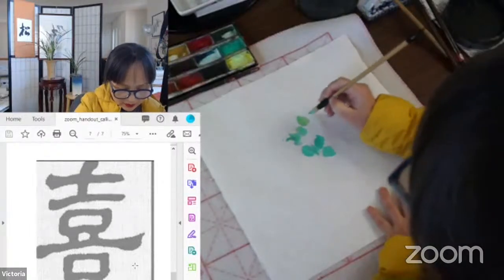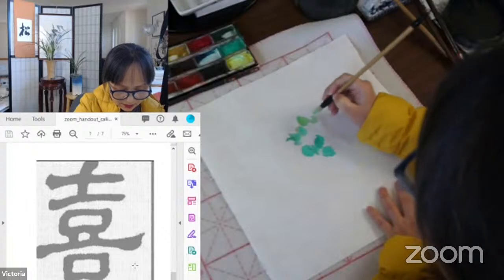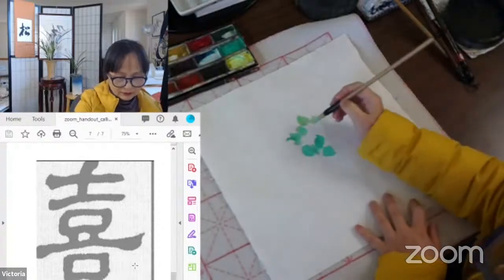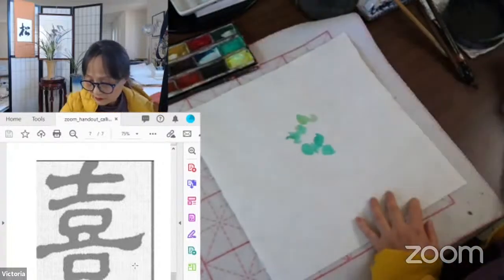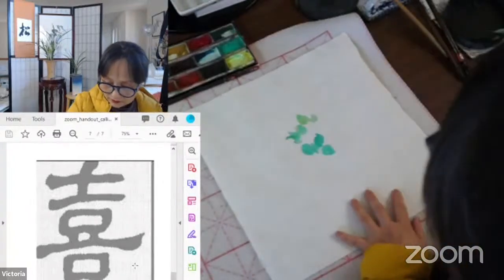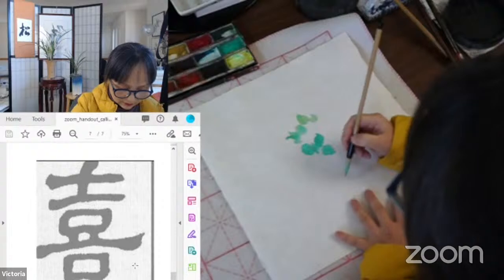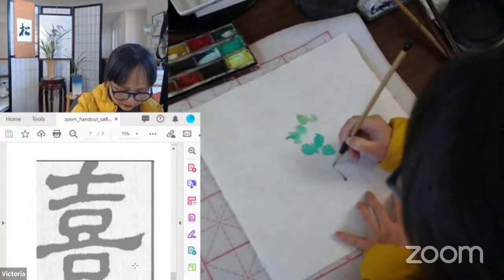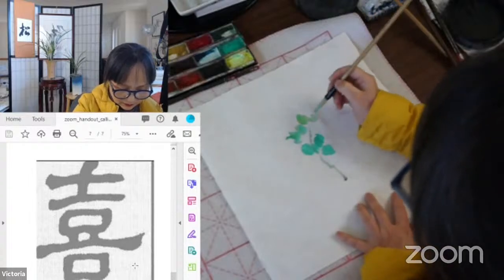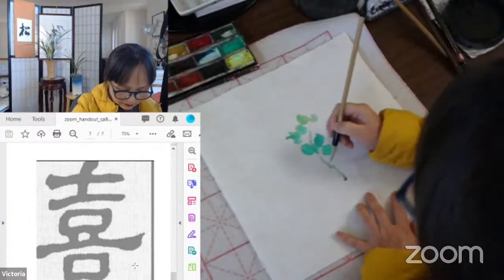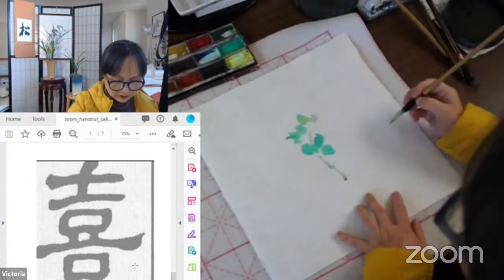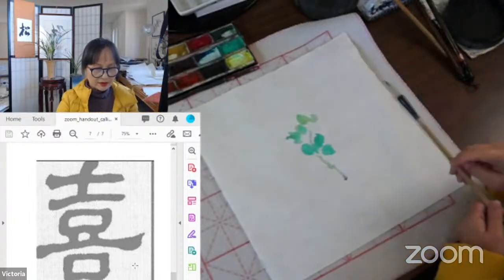One back one. Stem. Okay, I'll do the center stem later.